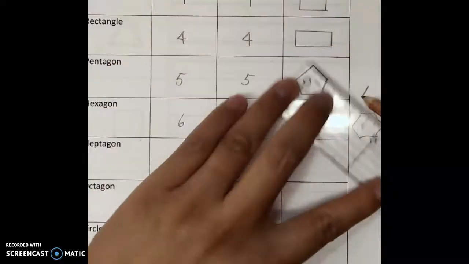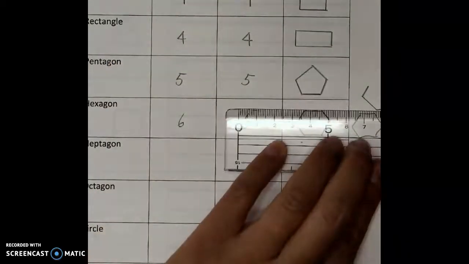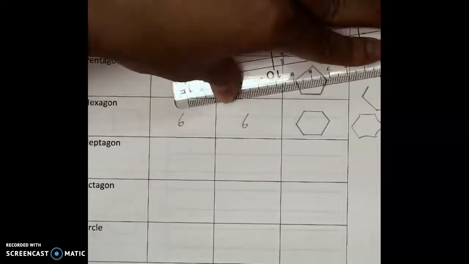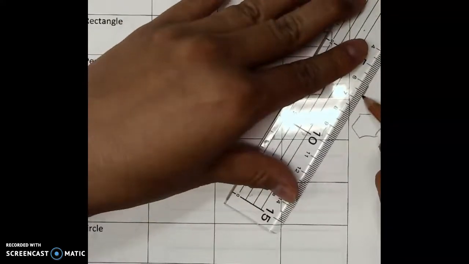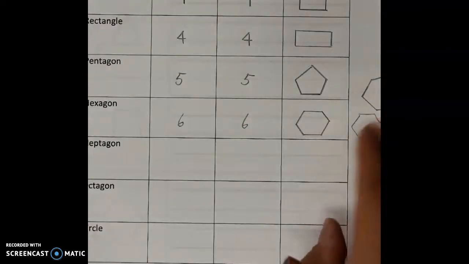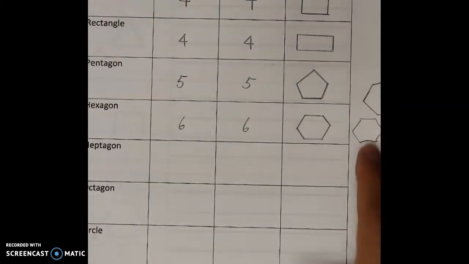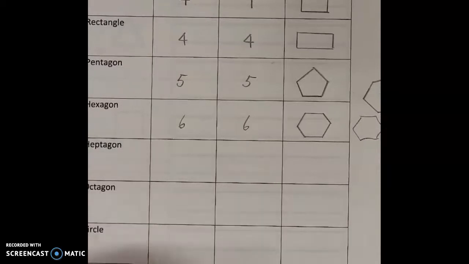If you use your ruler and it's a funny shape like this, that's okay. These shapes are difficult to draw. See, it's not a perfect hexagon. It's okay. These are okay because you're using a ruler. These are not okay. I'm not using a ruler.